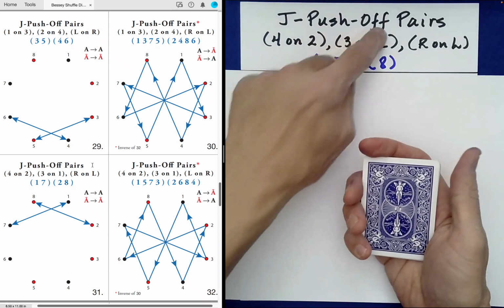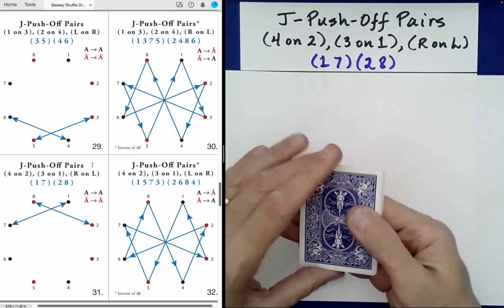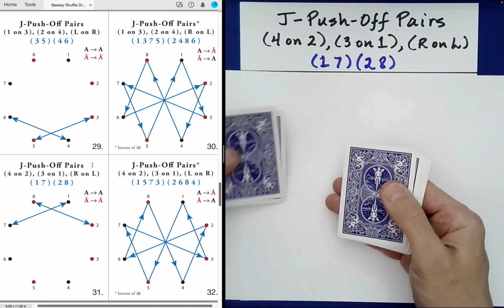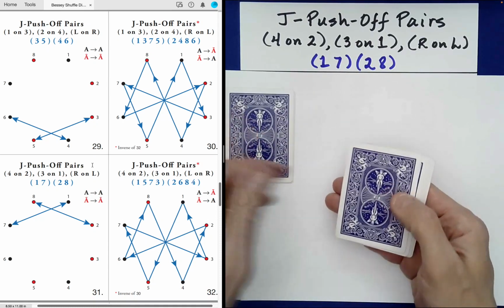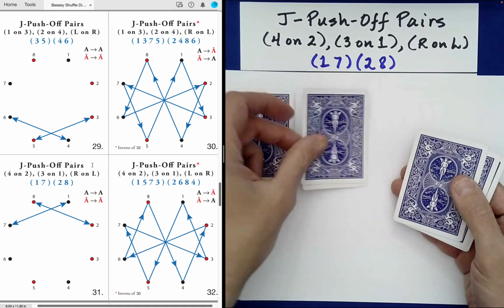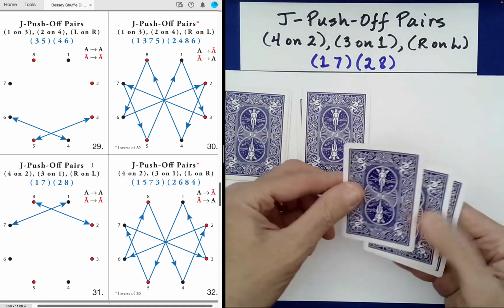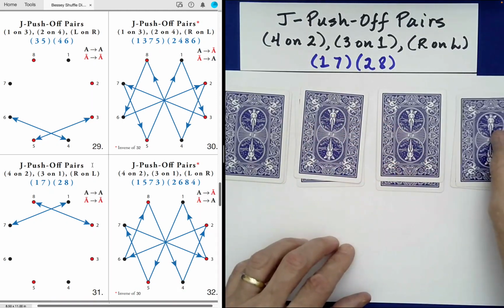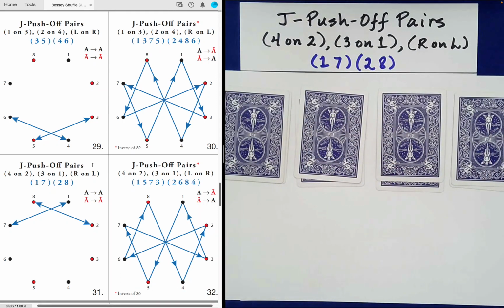Recall, a push-off pairs is where you just push off the top 2 cards without rearranging the relative order and just set them down as one pile. Push off the next 2 and just set them down as a second pile. The next 2 as a third, and then the final 2 as a fourth pile. And that's how we number the piles, 1, 2, 3, 4.